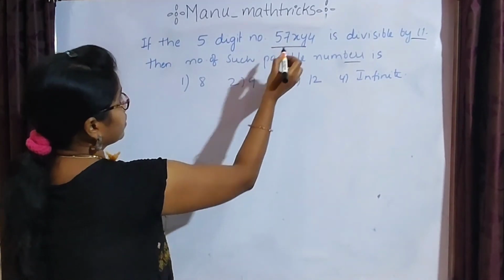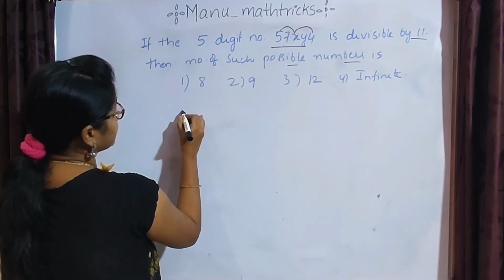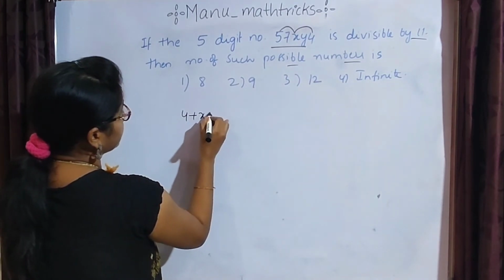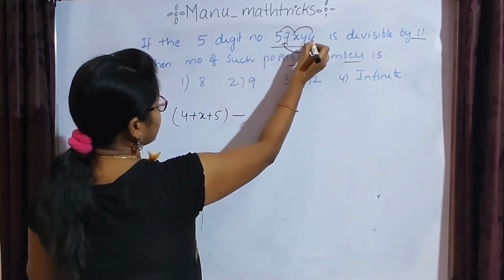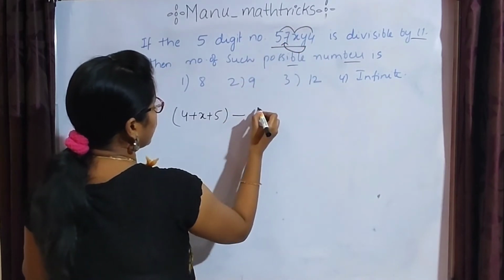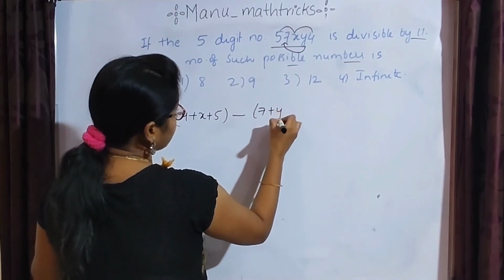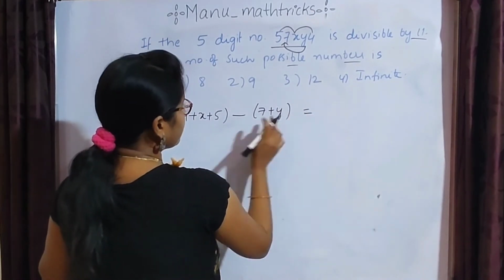Let me explain here. That is 4 plus x plus 4 plus x plus y minus y plus 7, that is sum of digits in the even places minus sum of digits in the odd places, that is 7 plus 5. These are the digits at the even places, these are the digits at the odd places.